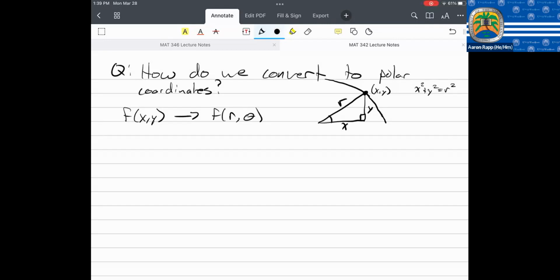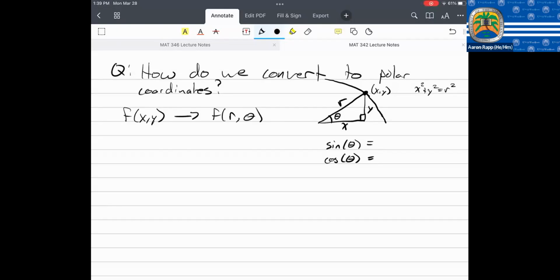But then we said, okay, based off of coming from the x-axis, we get an angle theta. And then we defined my sine and cosine function.